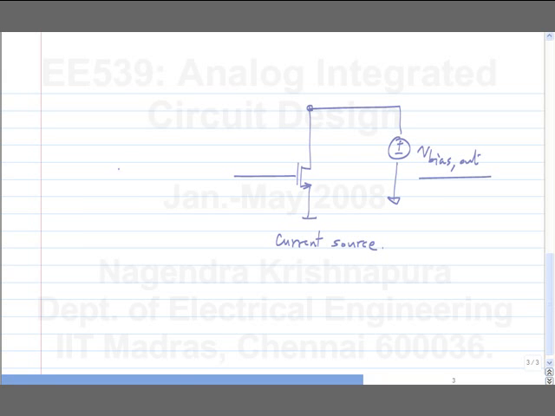Now we want to mirror the current. So you sense the difference between the desired current I0 and the current through this transistor, let's say IRF, and you feed back. Now how you feed back determines what the drain voltage is.